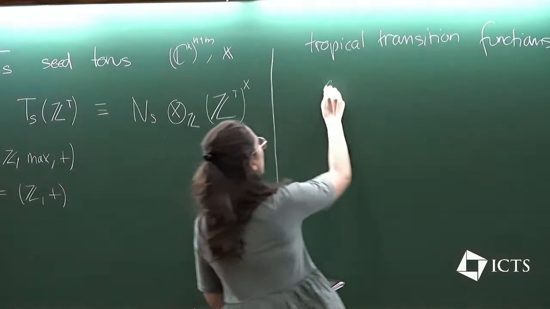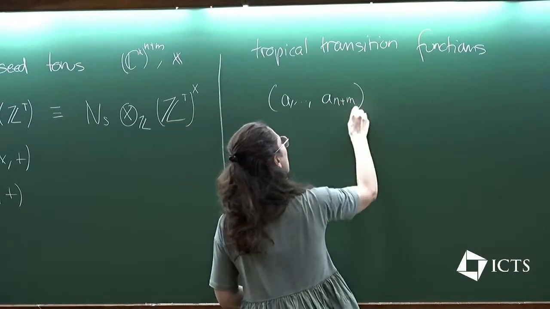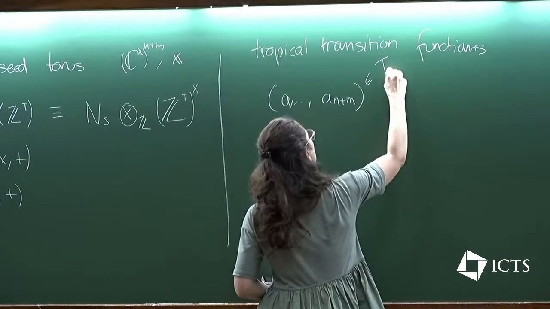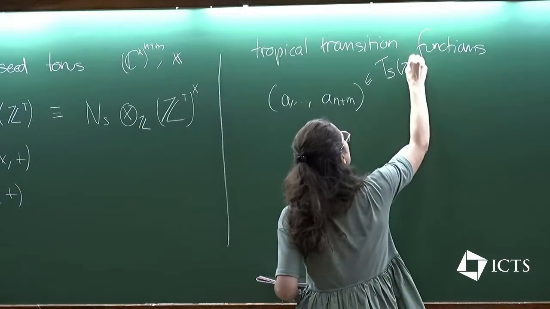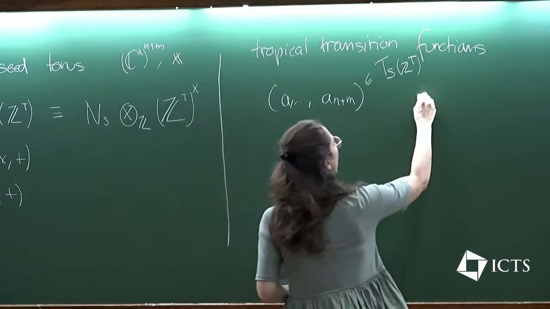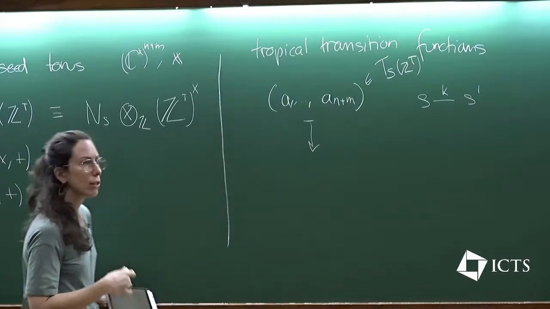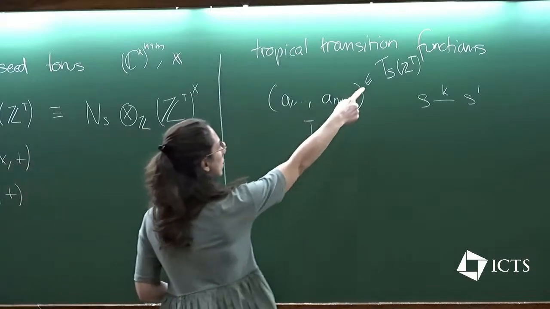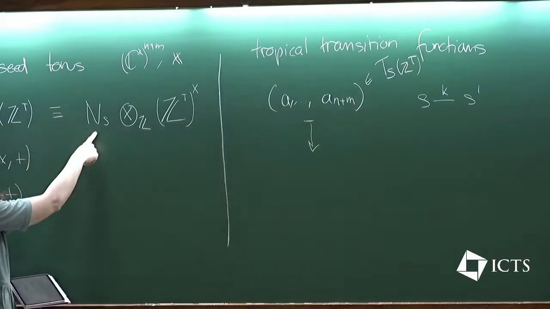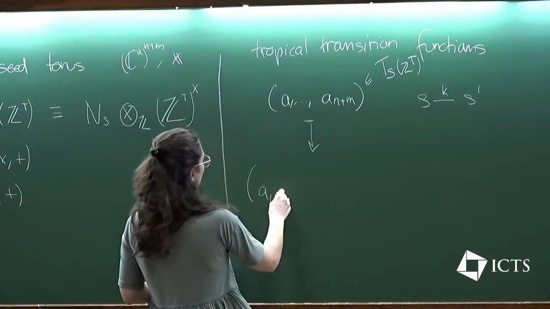So if I have a point (a_1, ..., a_{n+m}) in a seed torus, its tropical integer points for some seed S, and I have another seed S' that is related to S by mutation in direction k, then I would send this point, which I can always think of now as a lattice point, to the following.